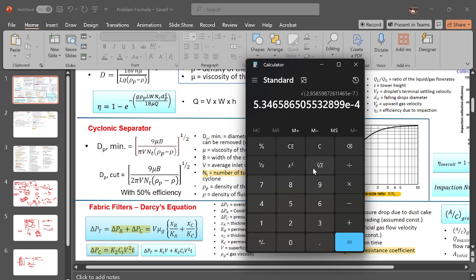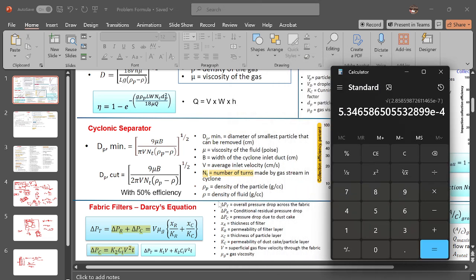The root of this value is the answer. Kelvin is not having any value here for the cyclone separator.